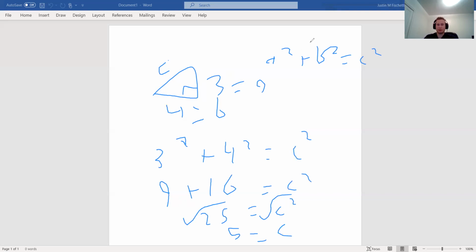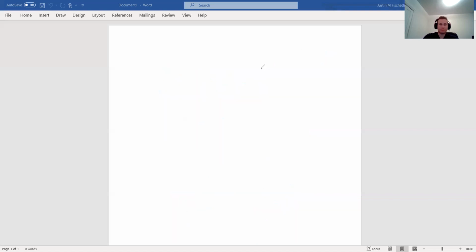And similarly, if you have the hypotenuse but you're missing one of the legs, say the hypotenuse is 5, one leg is 3, and you're missing A here. Again, just write down the formula: A squared plus B squared equals C squared.